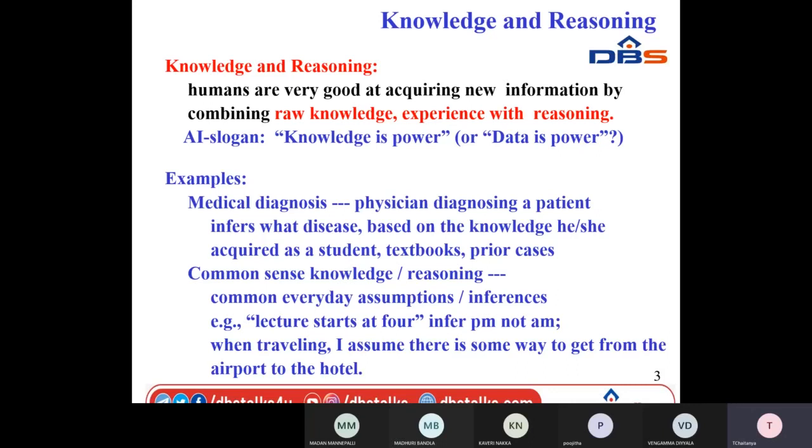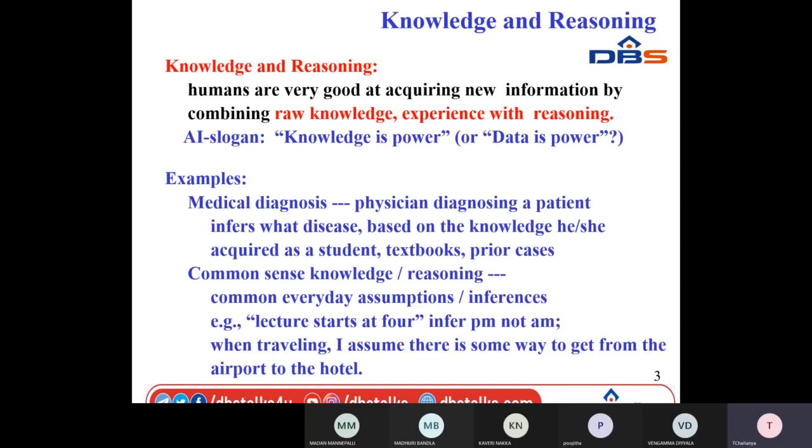Here, he is taking medical diagnosis as an example model. The physician diagnoses a patient's disease with the help of previous knowledge, textbooks, the prior knowledge acquired as a student, or sometimes knowledge acquired from prior cases.